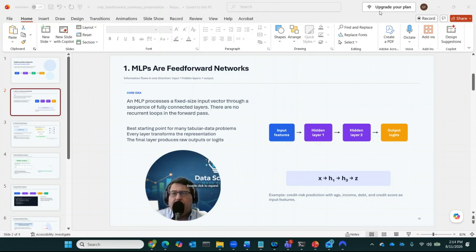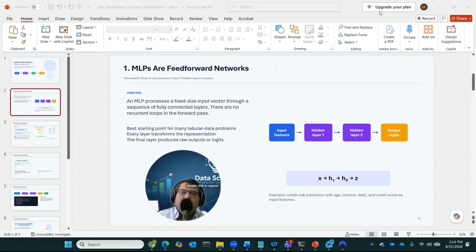Let's take a practical example. Suppose we are building a neural network to predict whether a customer is likely to default on a loan. Our input features might include age, annual income, current credit score, and years of employment. We could represent one customer with a vector containing 5 numerical values.